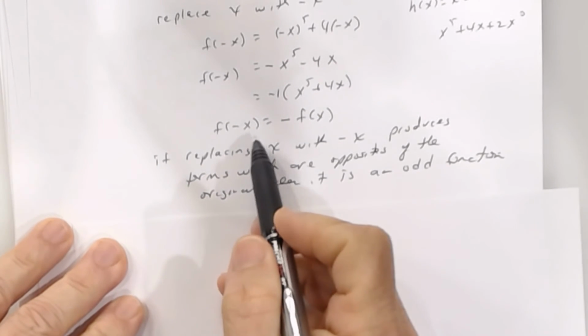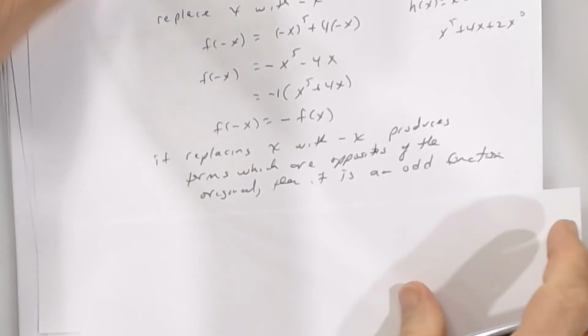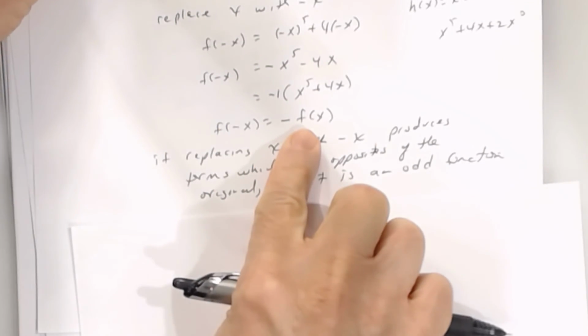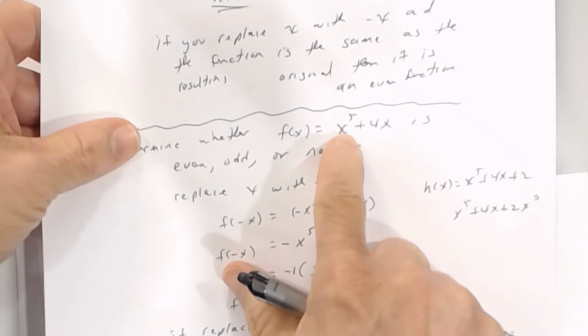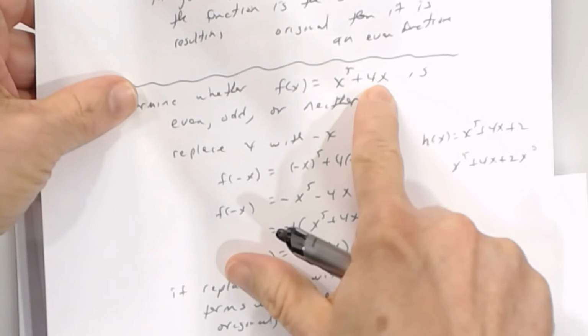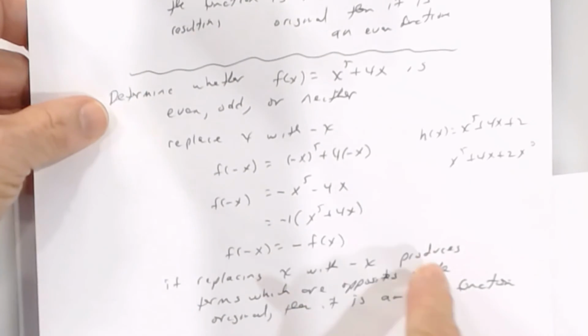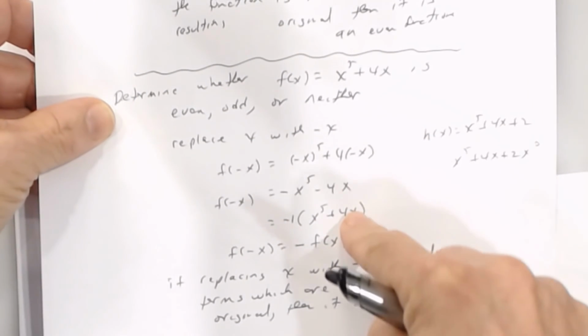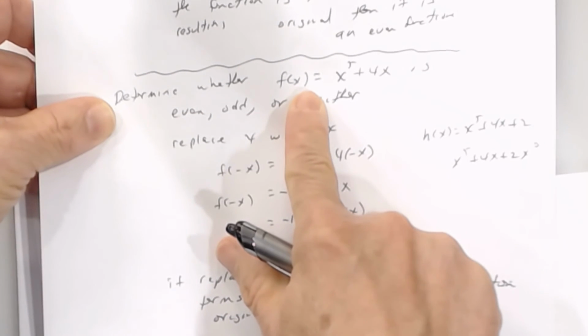So f of negative x becomes the opposite of f of x. So remember, this means the opposite of f of x. So if I go to f of x, what's the opposite of x to the fifth? Negative x to the fifth. What's the opposite of 4x? Negative 4x. All right, so these are opposites. Then f of x is what kind of function? Odd function.